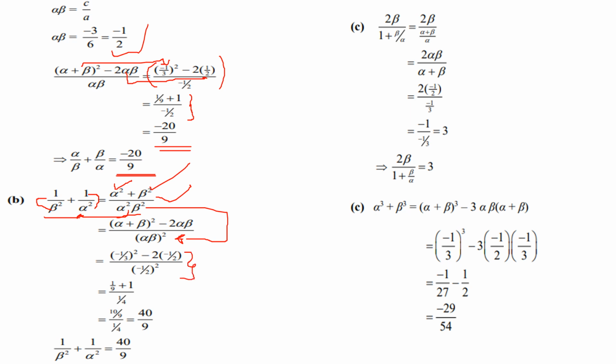In substitutions, you always use brackets to get most of the marks and to avoid unnecessary mistakes. So computing, you remain with a ninth plus 1 divided by a quarter. Dealing with the numerator alone, you're going to get 10 over 9 divided by a quarter. And simplifying using a calculator, you're going to get 40 over 9.